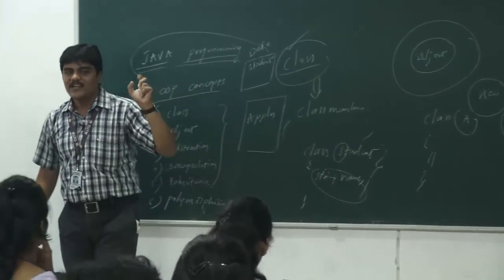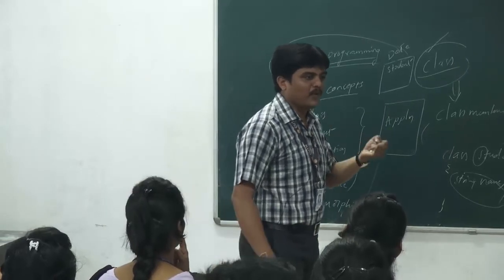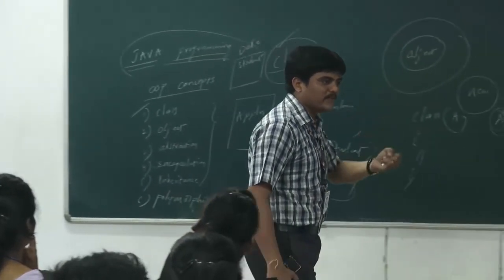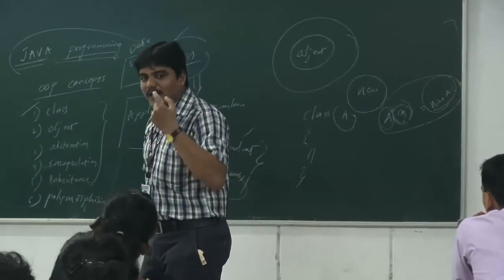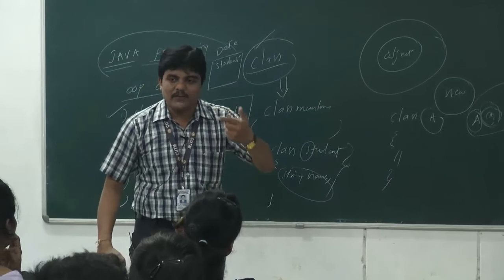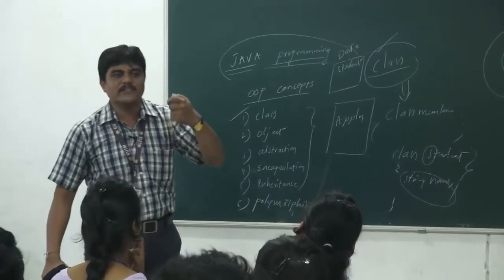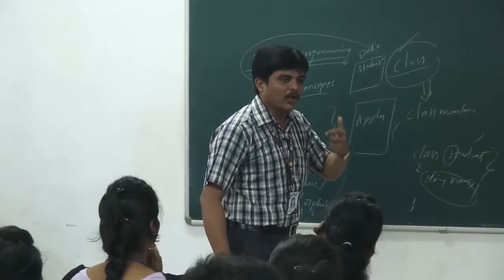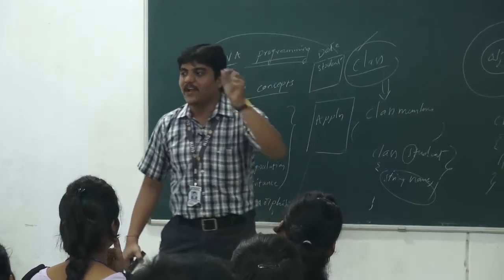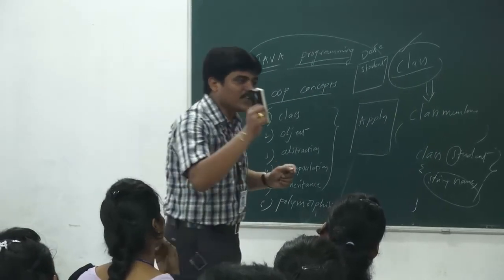So here in this case, class and object are the two basic building blocks of Java programming. Class is useful for defining various class members in our Java programming. Once we define all the class members, we have to provide security for our data. How will we provide security for our class members? That is by creating an object. What do you mean by object here? Object means it is an instance of a class.